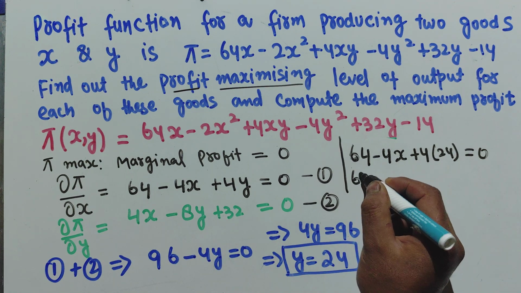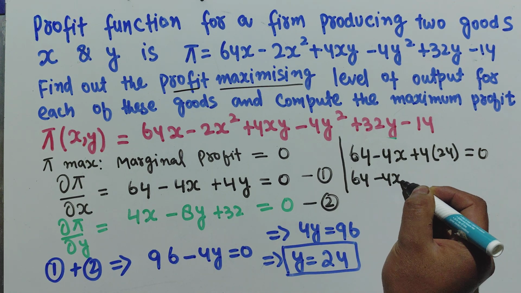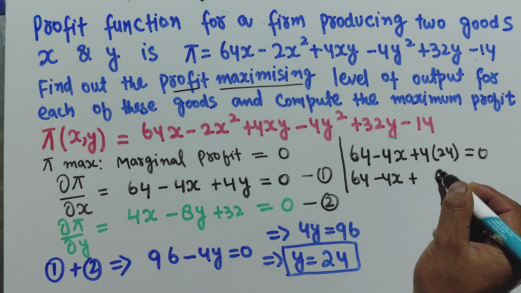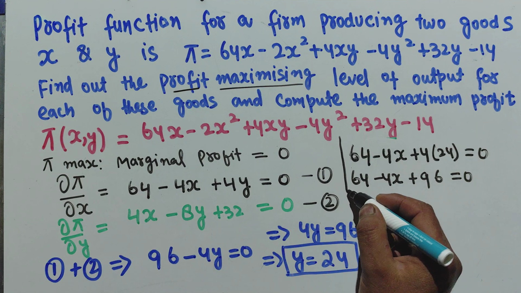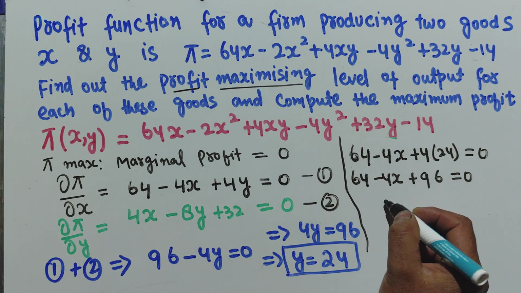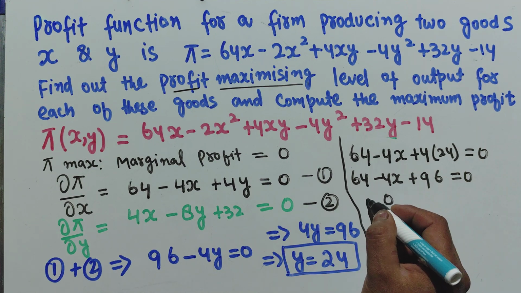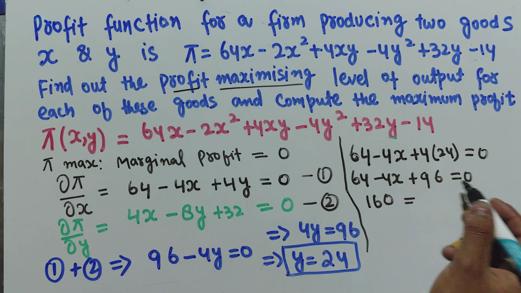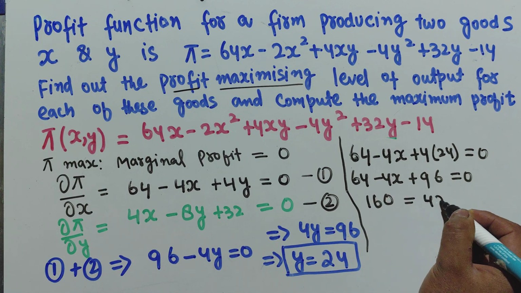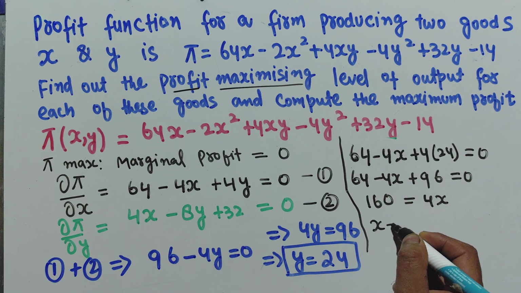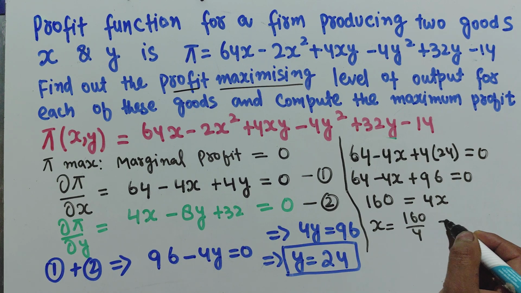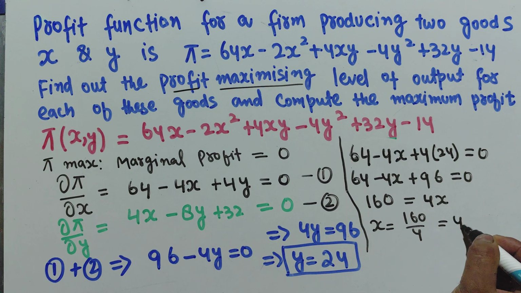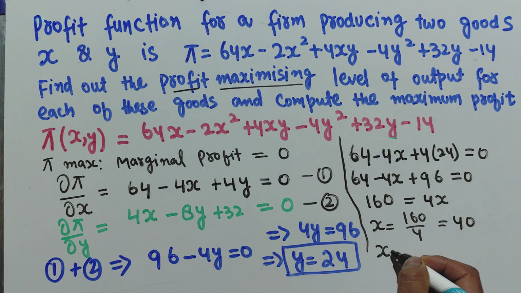So this is 64 - 4x + 96 = 0, so 160 = 4x after transposing. This implies x = 160 divided by 4, and the value of x comes out to be 40 units.